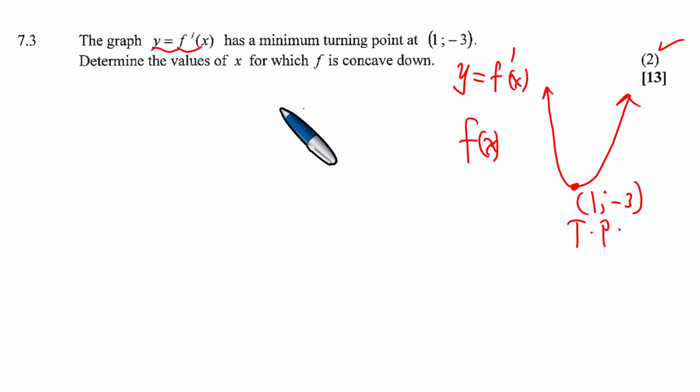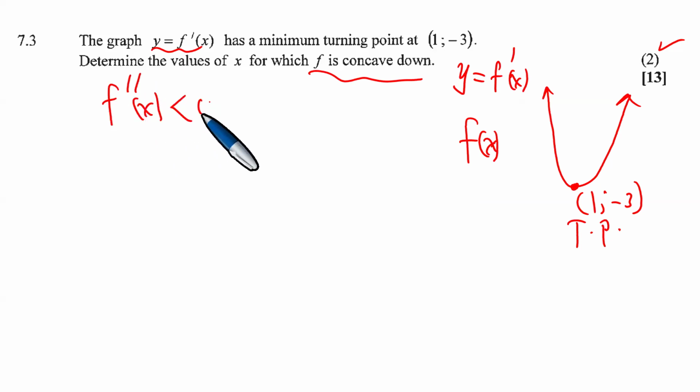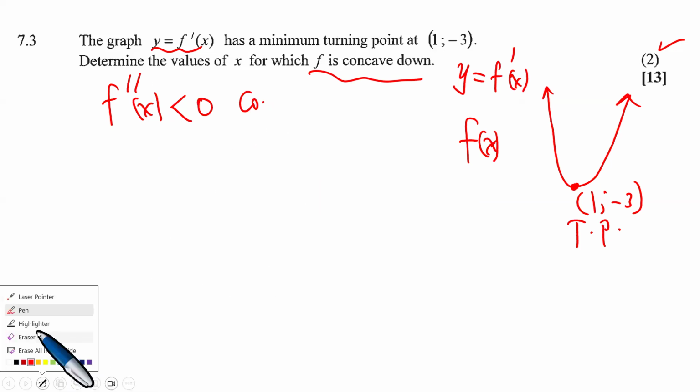F concave down, what does that mean? It means that f double prime of x is negative. Because if the second derivative of f is negative, it means that f is concave down.